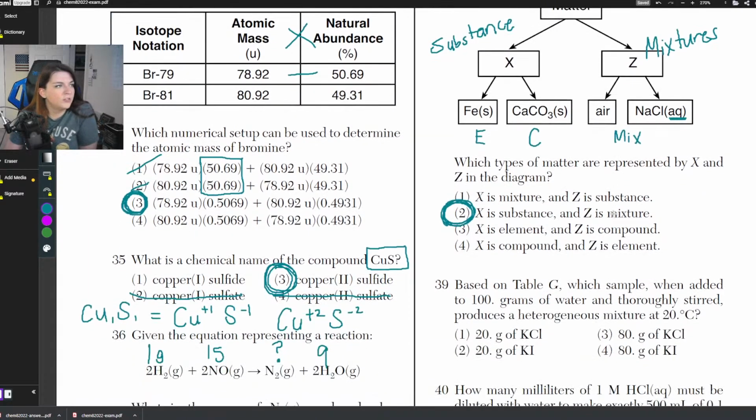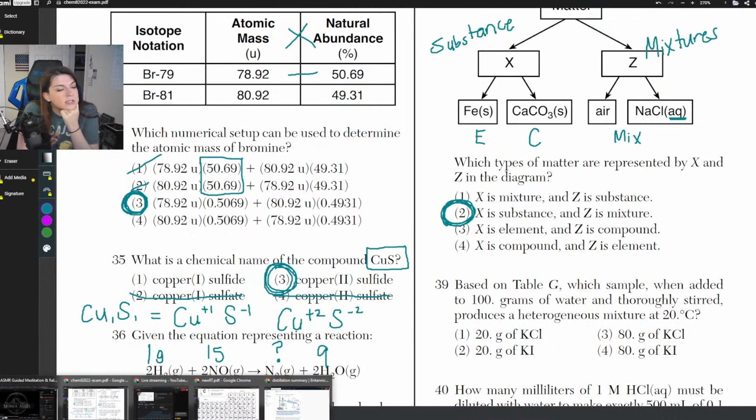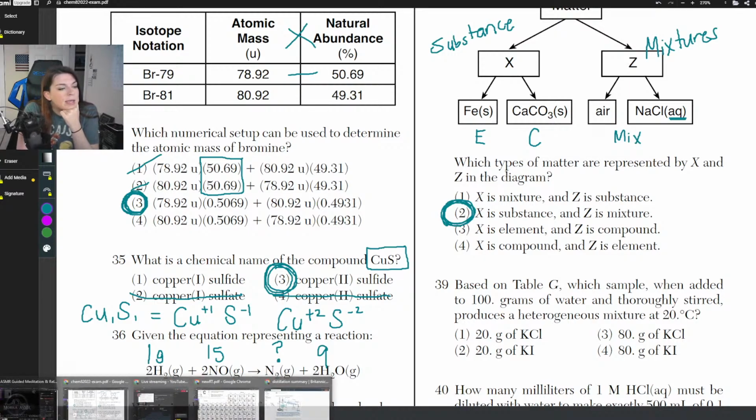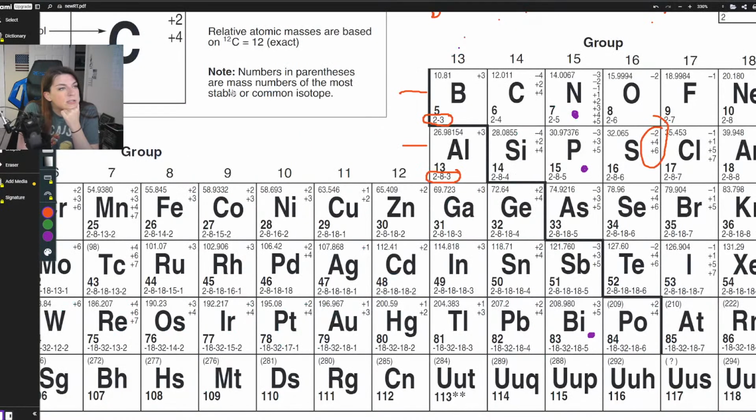Okay, 39, our first based on Table blank question. 39, based on Table G, which sample, when added to 100 grams of water and thoroughly stirred, produces a heterogeneous mixture at 20 degrees Celsius? For a heterogeneous mixture on Table G, it must be a saturated solution.